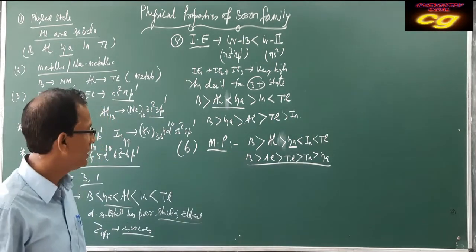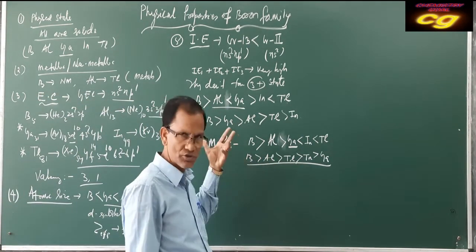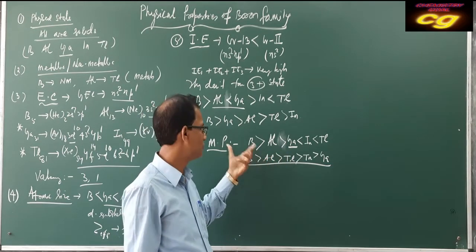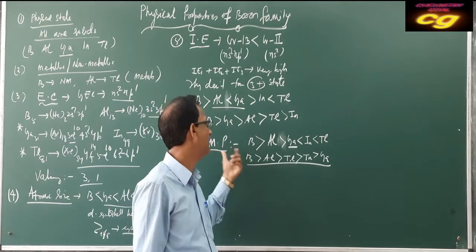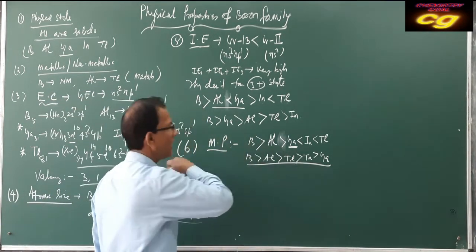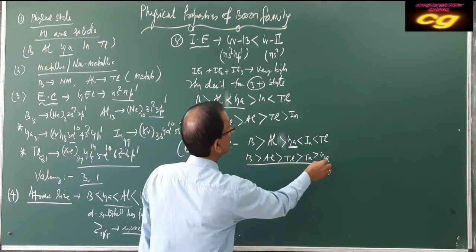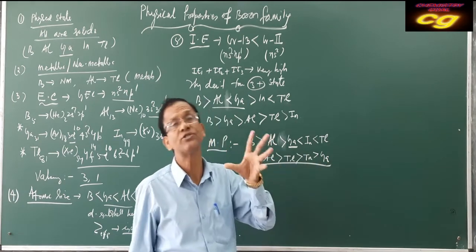Melting point. The melting point depends upon the structures. If it has a very close packed structure, then the melting point will be maximum. Why does gallium have a very low melting point? Due to weak structures.